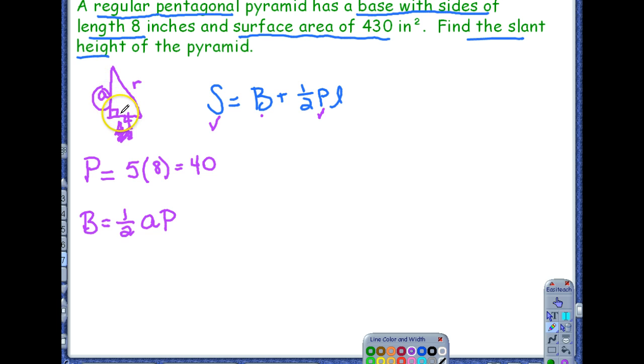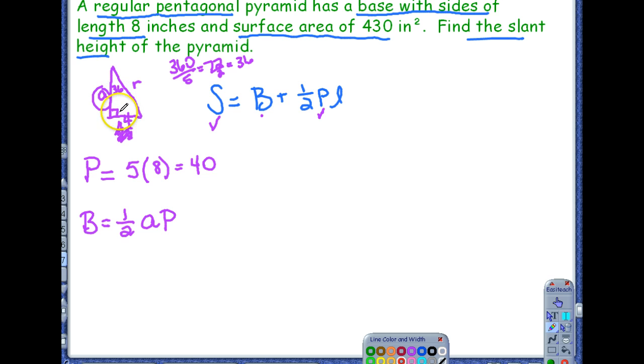In order to find these things, we're going to need to figure out an angle measure, the central angle. We can find the central angle of a pentagon pretty easily by taking 360 divided by 5, which gets you 72. Then cut that in half, and I get 36. So the central angle here is 36 degrees. Let's use trig, since it's not a special right triangle.